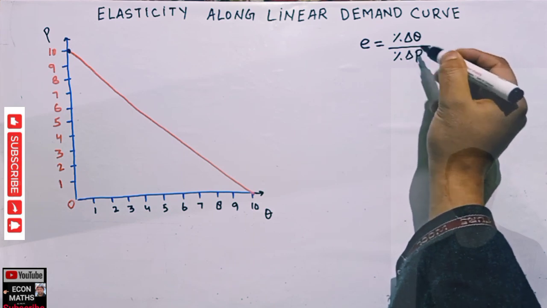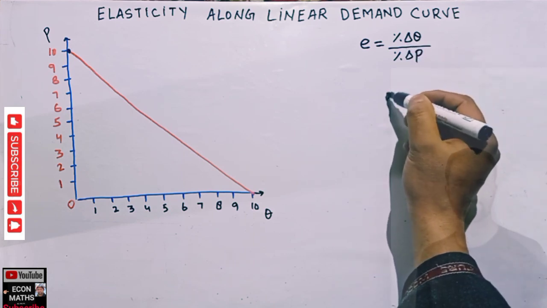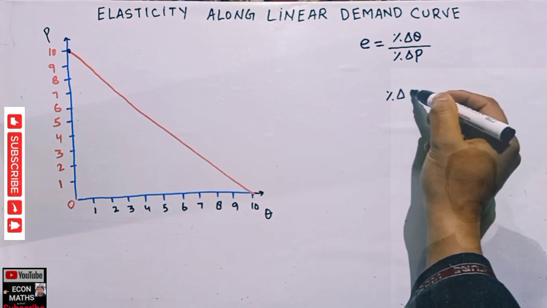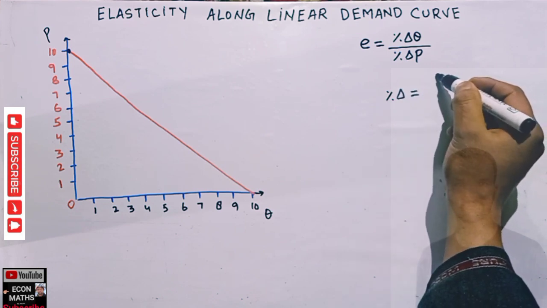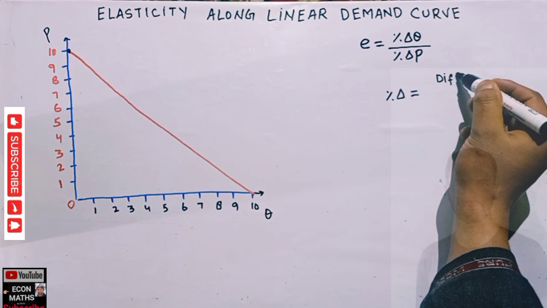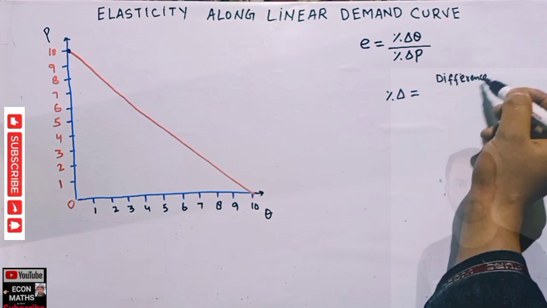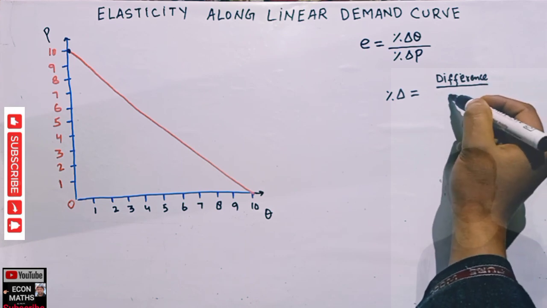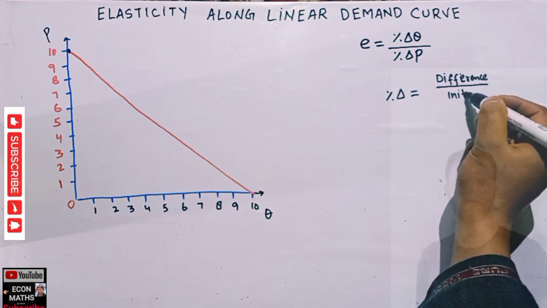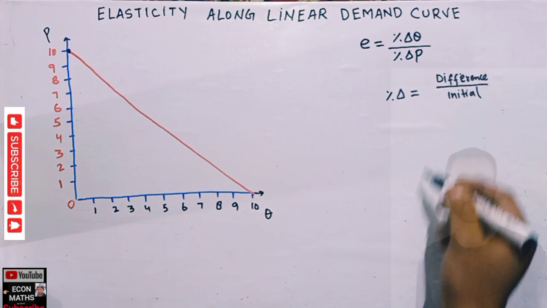So how do we get this percentage change? Percentage change is given by difference upon initial. Or we can write it like this.